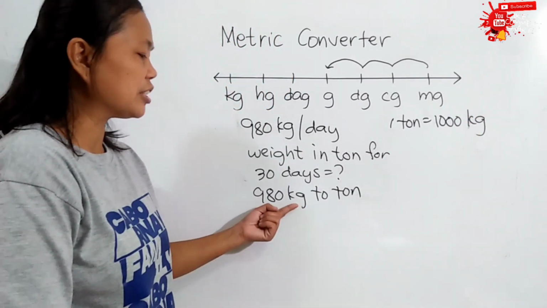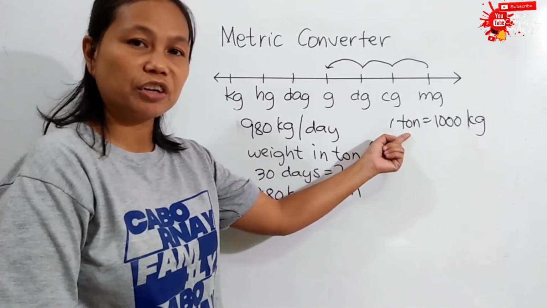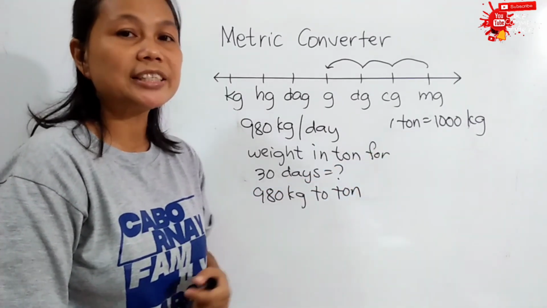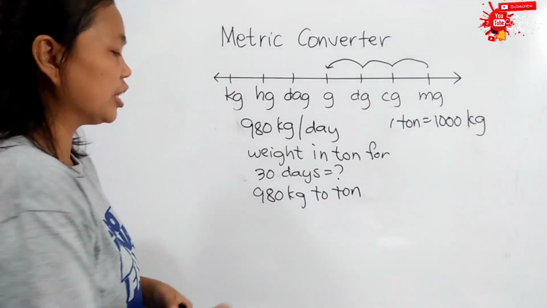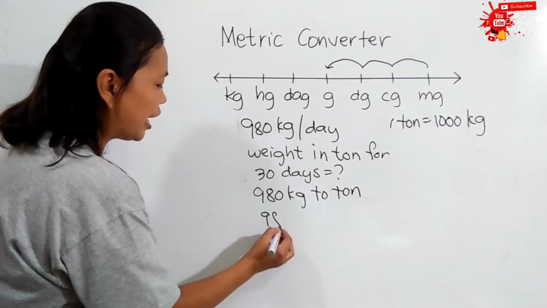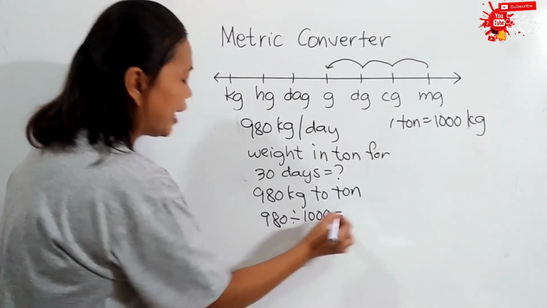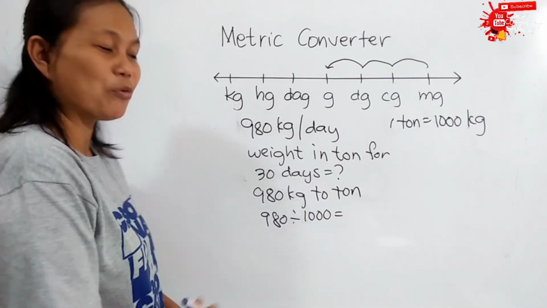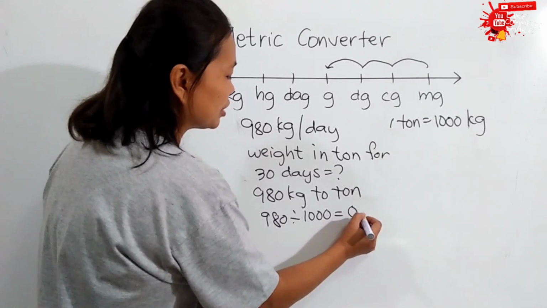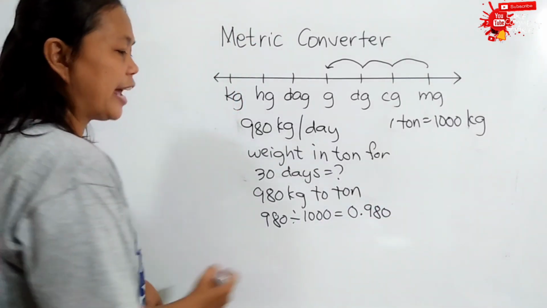Since our conversion is from kilograms to tons, this is the reverse of our conversion factor, which means that the operation we are going to use is division. So we will divide 980 by 1,000. And the quotient of 980 divided by 1,000 is equal to 0.980.